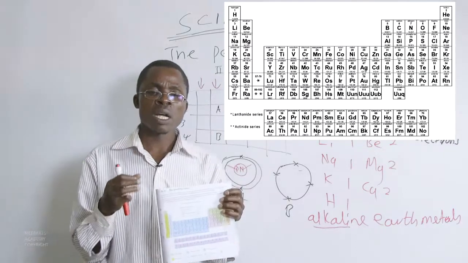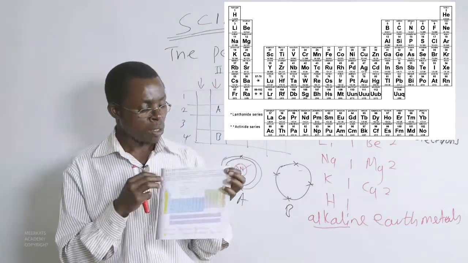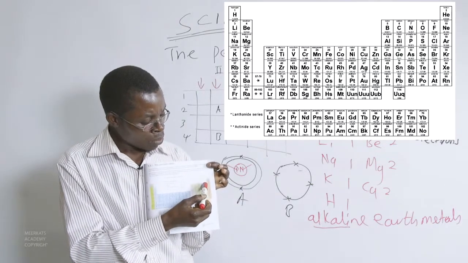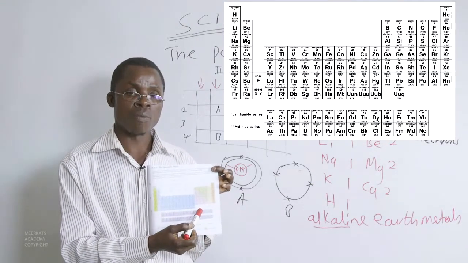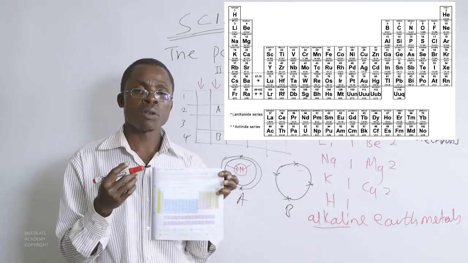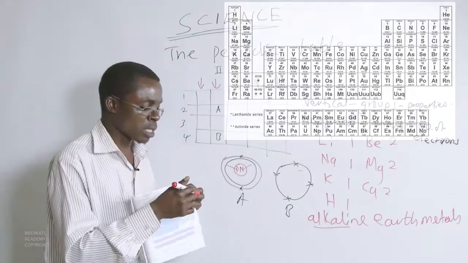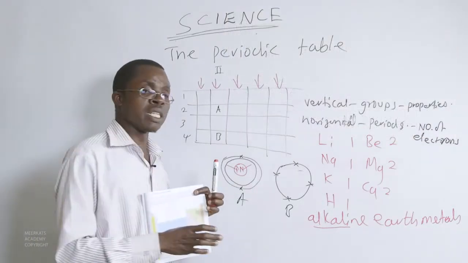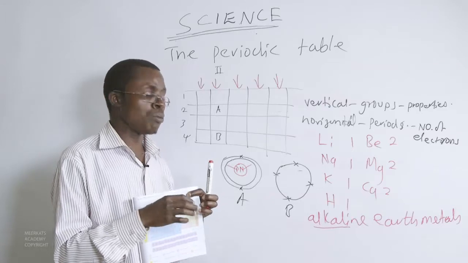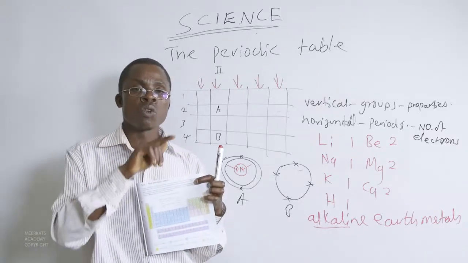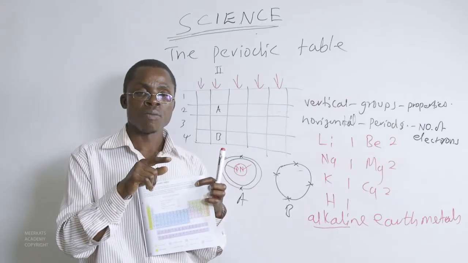Why are they categorized specially? You can see they are the only non-metals that are moving straight in a column. These are non-metals that have special characteristic. When you look at the outermost energy level or the outermost orbit, they are missing only one electron to fill up the orbit.